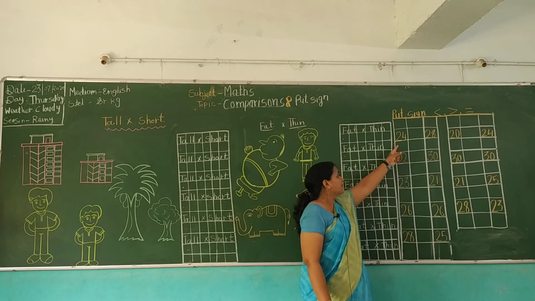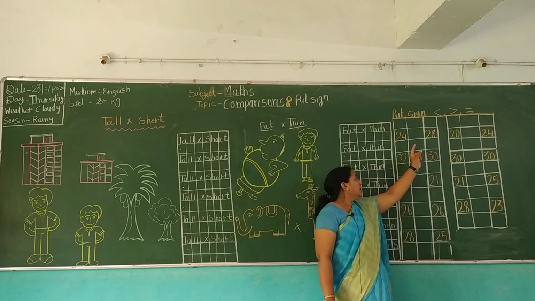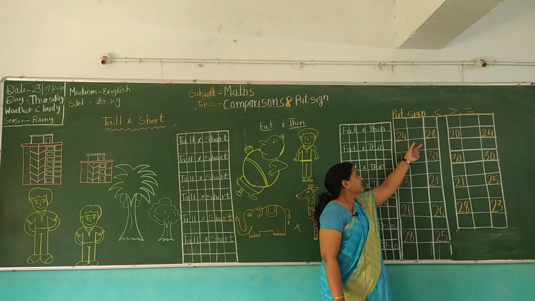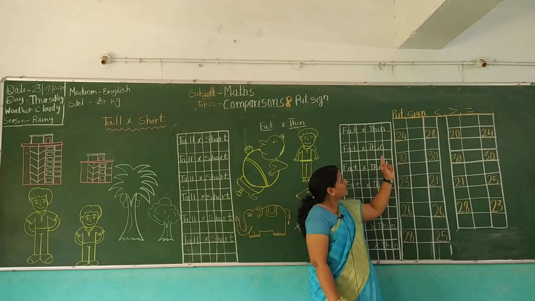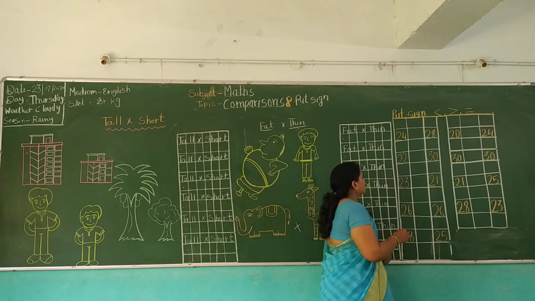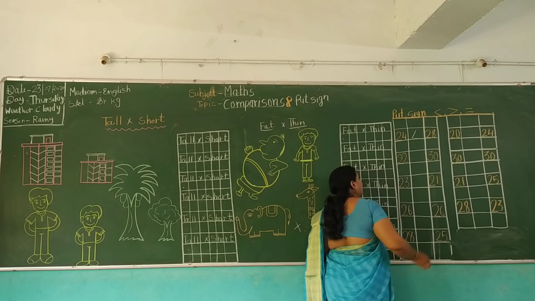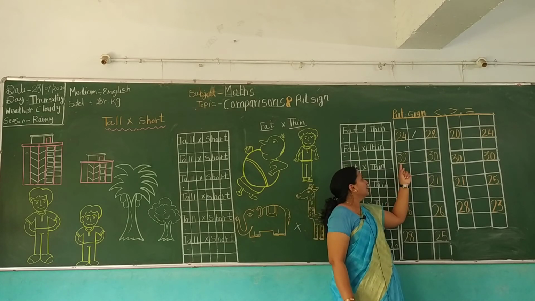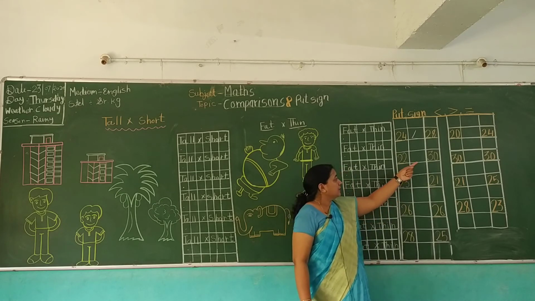So first numbers we write here: 24 and 28. Which number is the bigger number? Tell me children, which number is bigger? 28. So we put sign greater than. Then next numbers are 22 and 30.